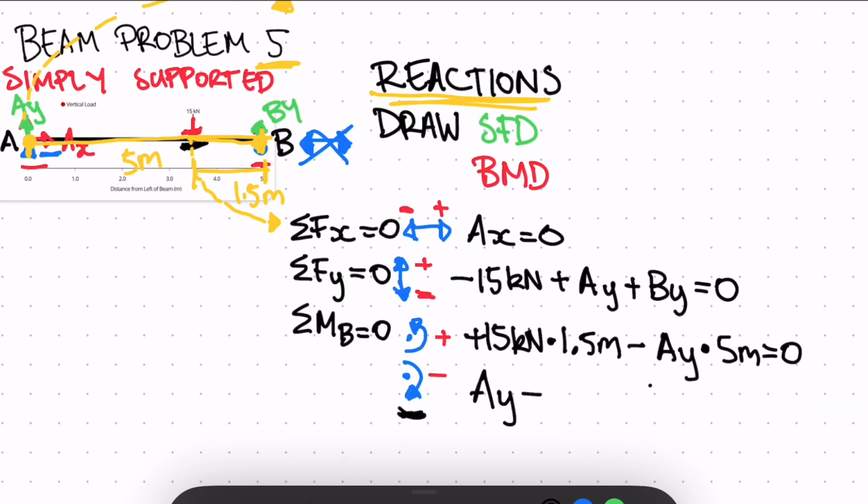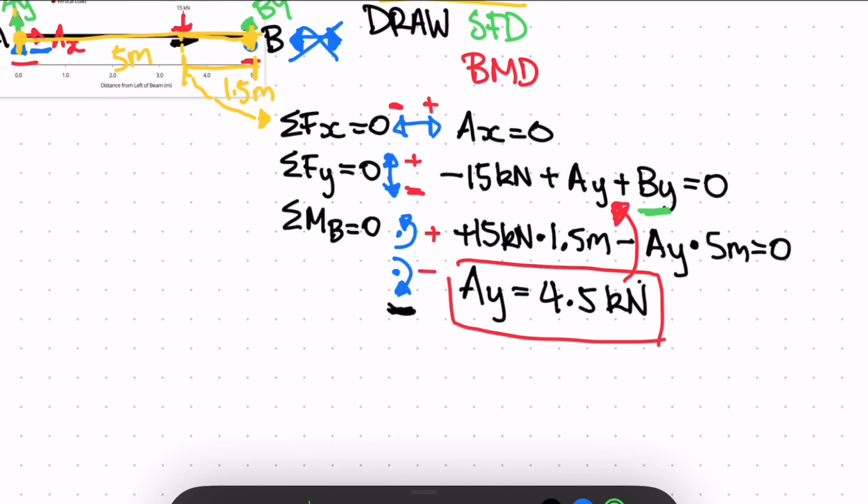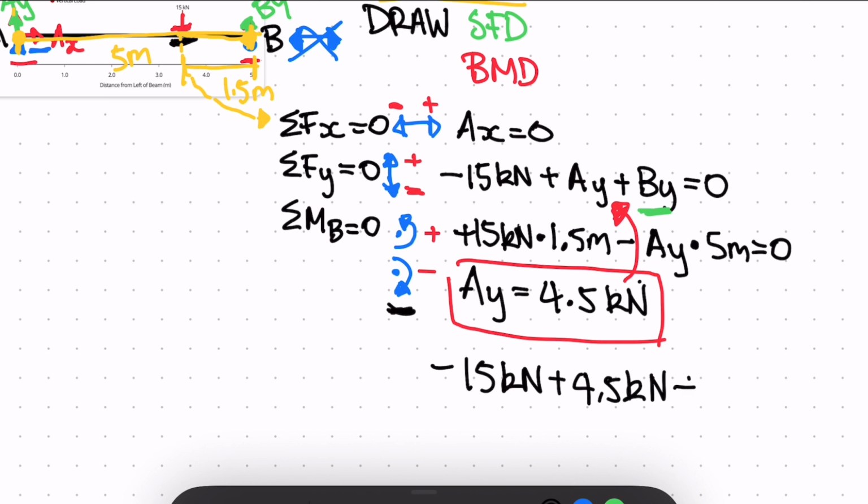So if we solve for AY, it will be 4.5 kilonewtons. And so we can plug this AY into here and find our BY. So we can write again negative 15 kilonewtons plus 4.5 kilonewtons plus BY is equal to 0. So our BY will be equal to 10.5 kilonewtons.